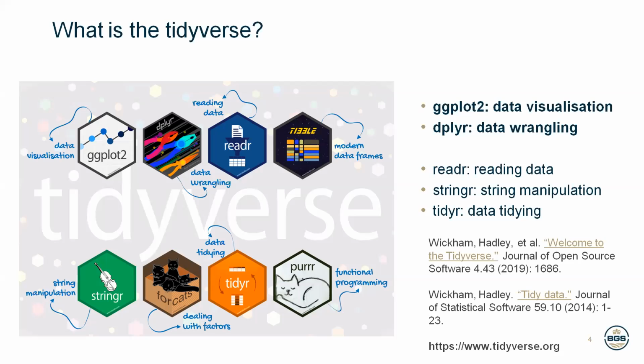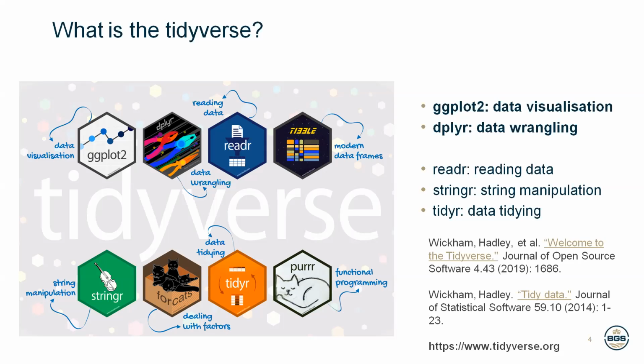So as I say, the Tidyverse is a series of packages used for manipulation, loading, tidying of data. I'm going to focus today on ggplot2 and dplyr. readr is used for reading data, stringr is used for manipulating strings and characters, tidyr is dedicated to tidying data, and there's several other packages within the Tidyverse.